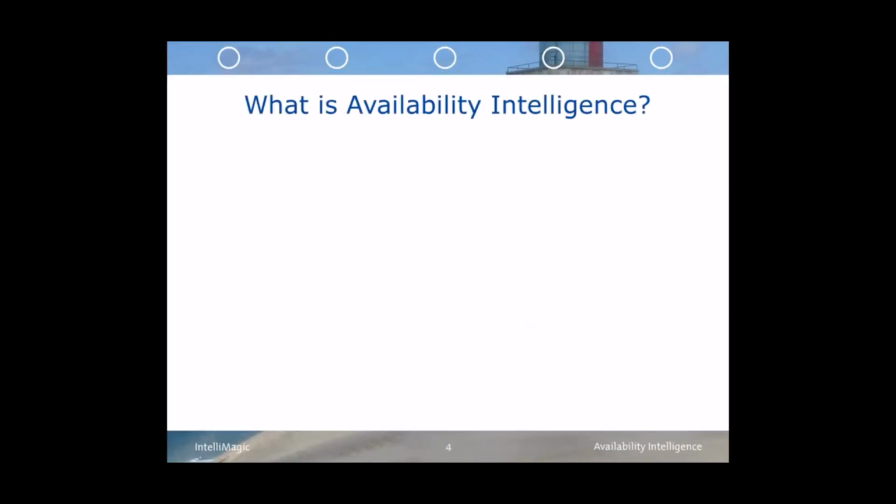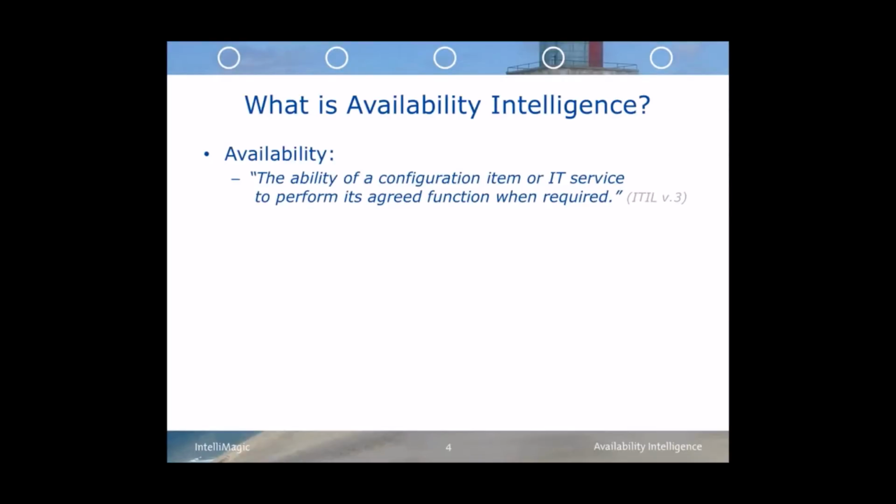So what is availability intelligence? Availability is the ability of a configuration item or an IT service to perform an agreed upon function when required, and that's the ITIL version 3 definition. And intelligence certainly is foreknowledge of an adversary, and that's from Sun Tzu.